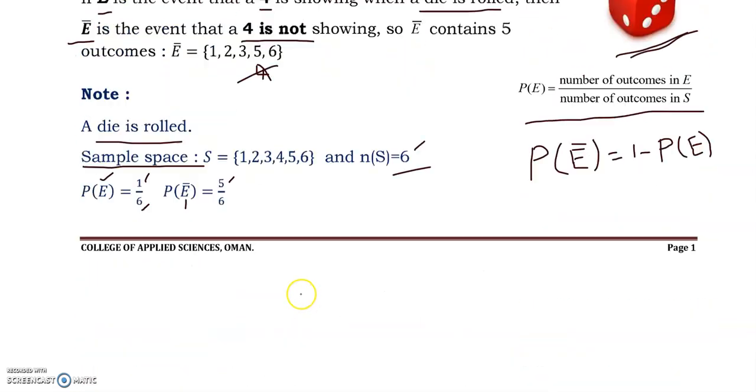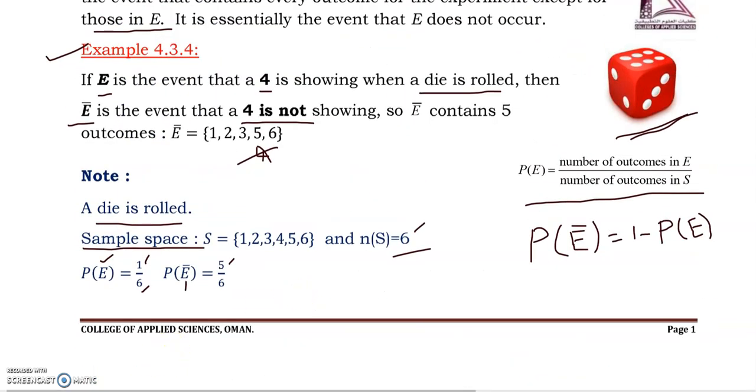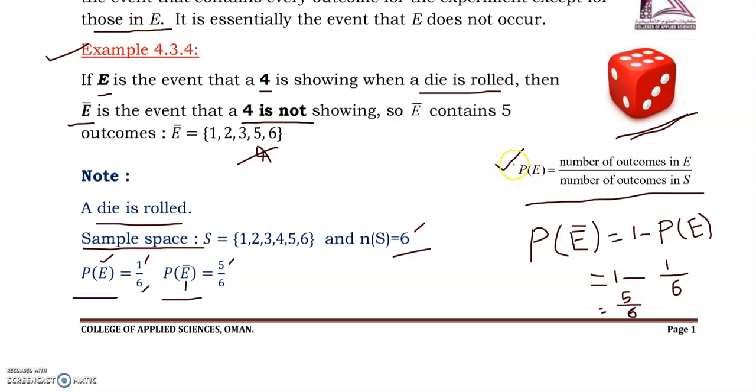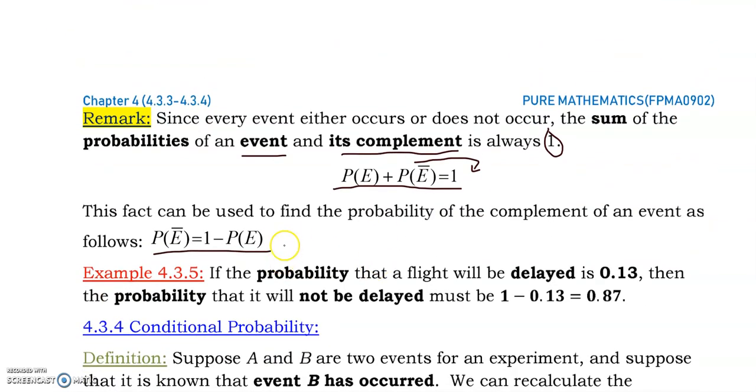Now you see the note again. We can find probability of E and probability of E bar by using this rule. Okay. Suppose we don't know this. We know only probability of E, that is equal to 1 over 6. Then how to find probability of E complement? See here, probability of E complement is equal to 1 minus probability of E. That is in the remark.